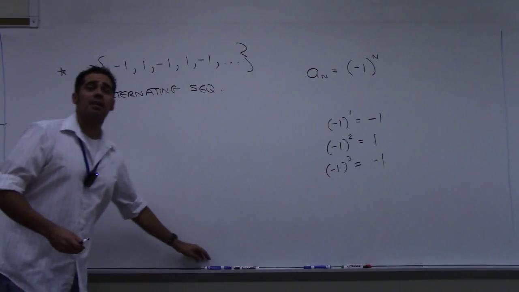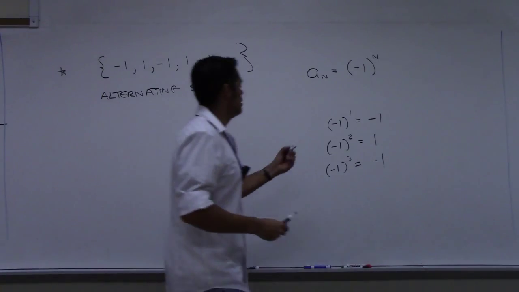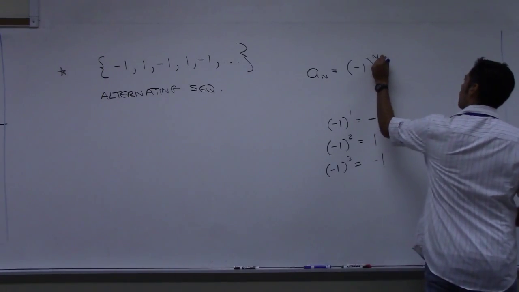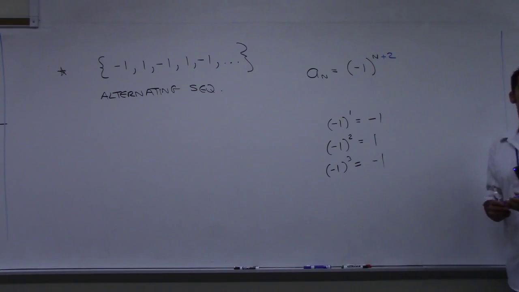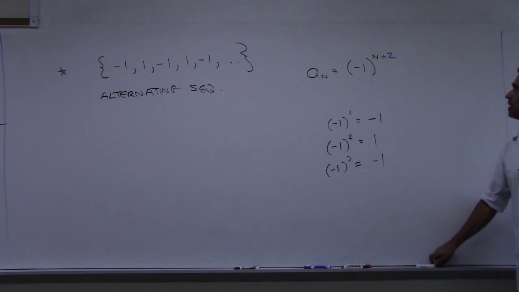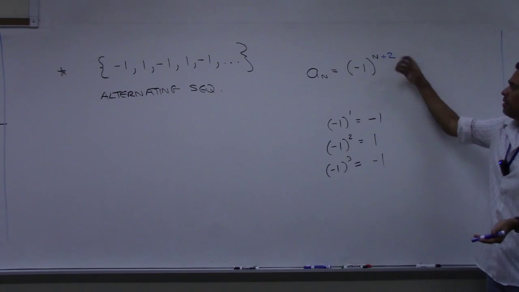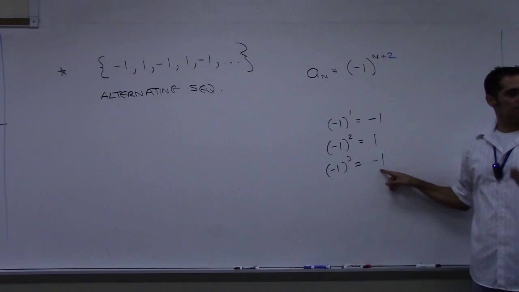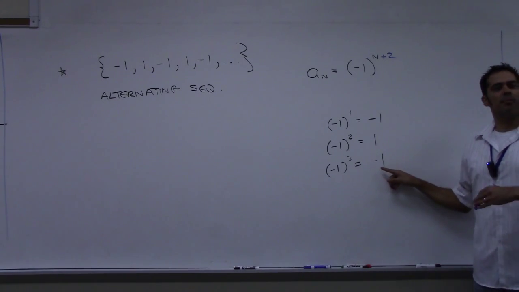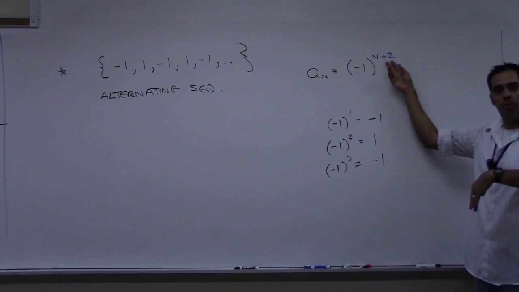Just out of curiosity, would this have worked? Yes, because what would happen if I plugged in 1 is that I would start with what? 3, and that would still be starting a negative, right? And then the next number would be what? After 3 would be 4.